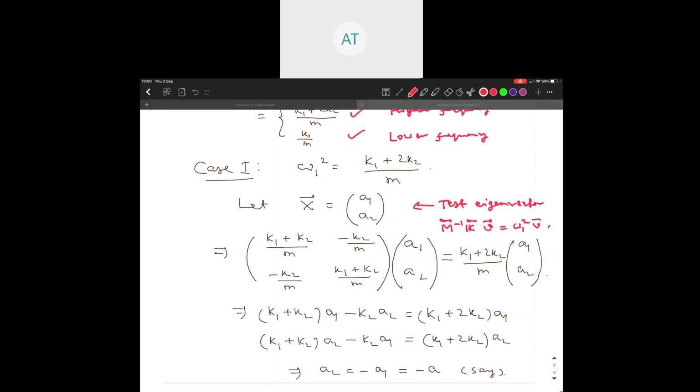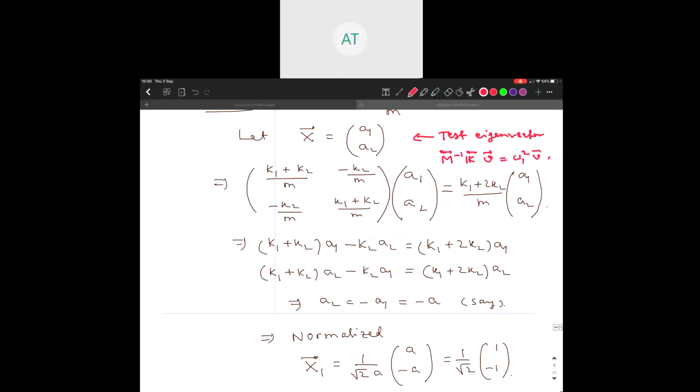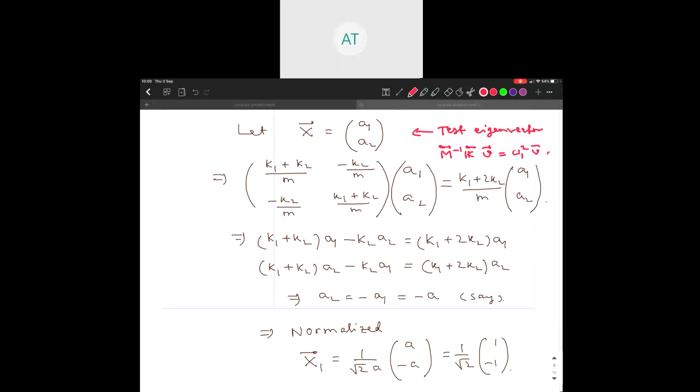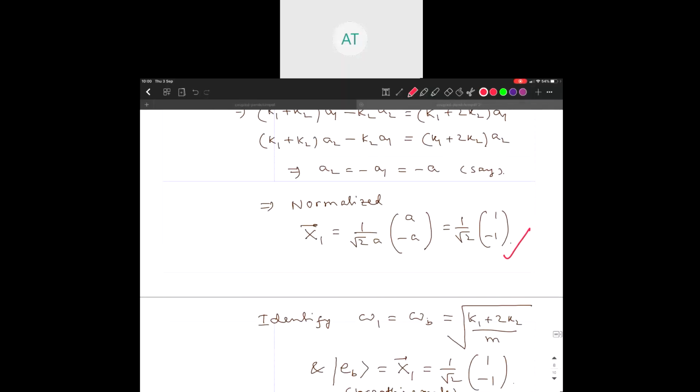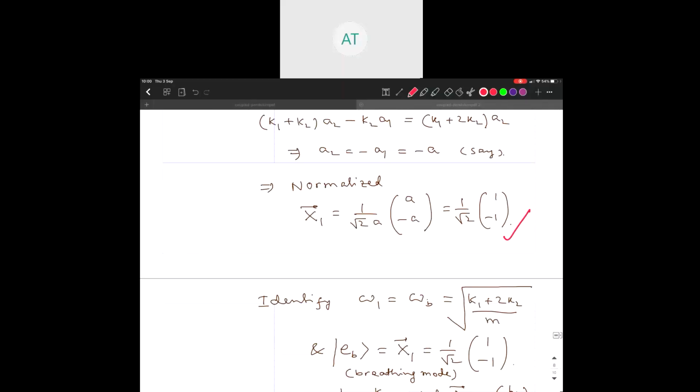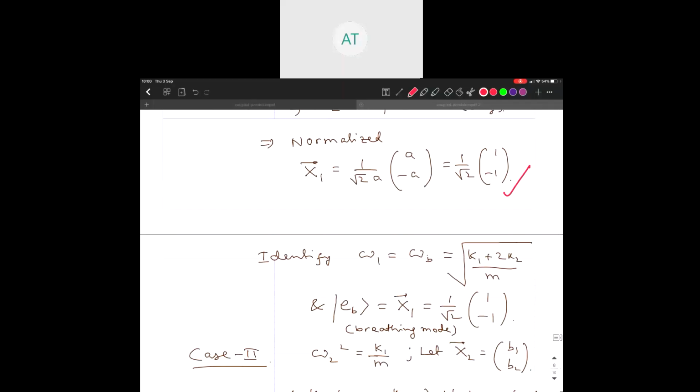That will lead us to a relationship between a2 and a1, where a2 equals minus a1. If you are looking for a normalized eigenvector, this is going to be the normalized eigenvector corresponding to omega 1, which is 1 over root 2 times (1, minus 1).